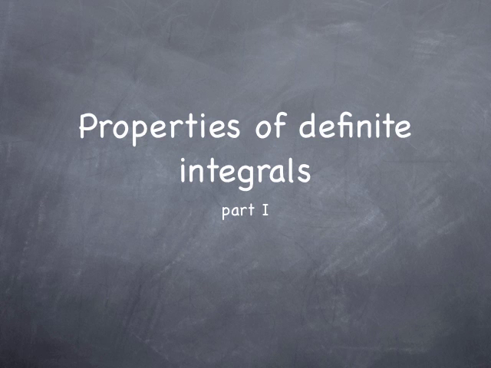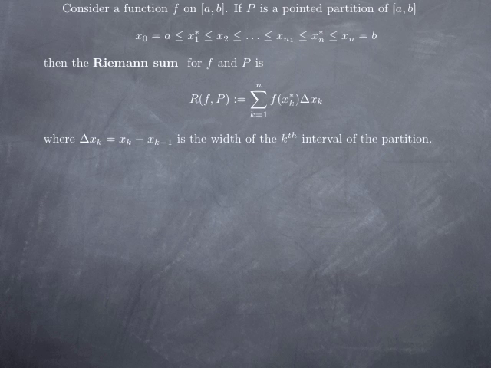Now we're going to go over some properties of the definite integral. Recall that the way we have defined the definite integral of a function over an interval [a, b] is via Riemann sums of the function for a pointed partition, or in general for pointed partitions.